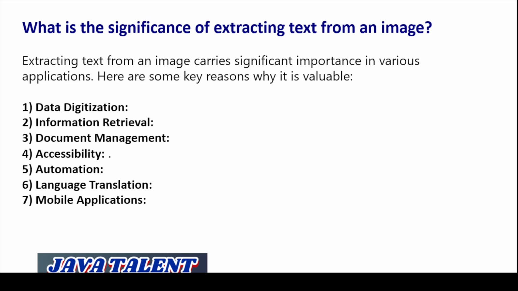Automation: in fields like finance and administration, OCR is used to automate the data entry process instead of manual data input. Language translation: it can integrate with language translation tools to convert the text from the image into different languages. And mobile applications: OCR is frequently used in mobile applications for scanning and recognizing the text from the image file.